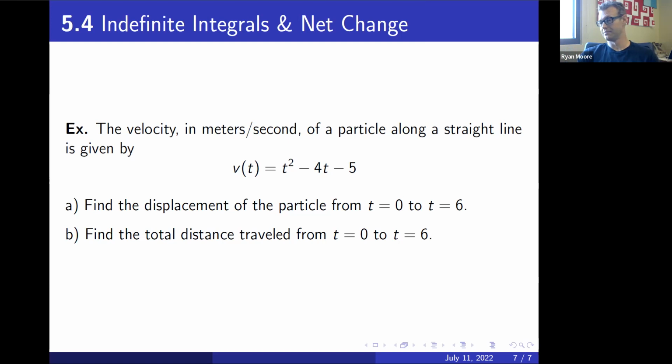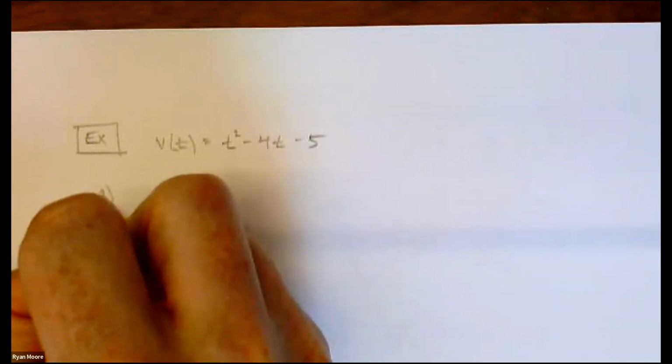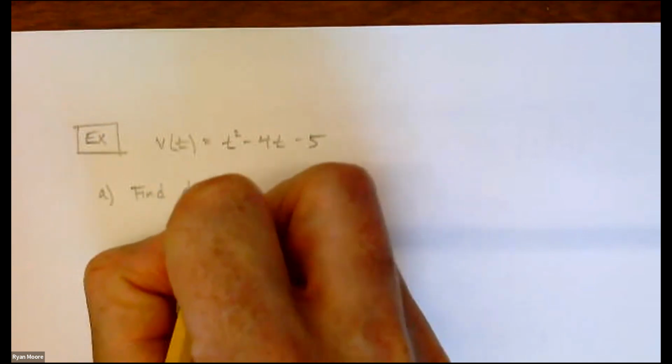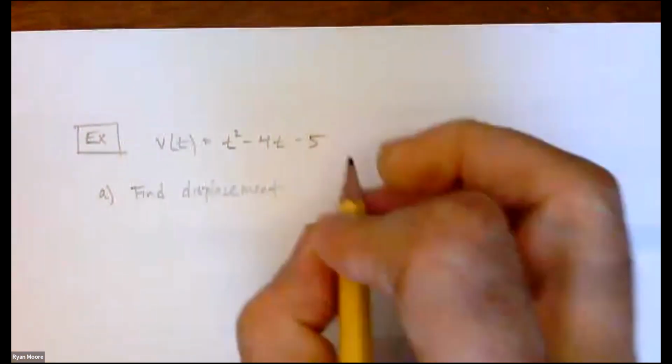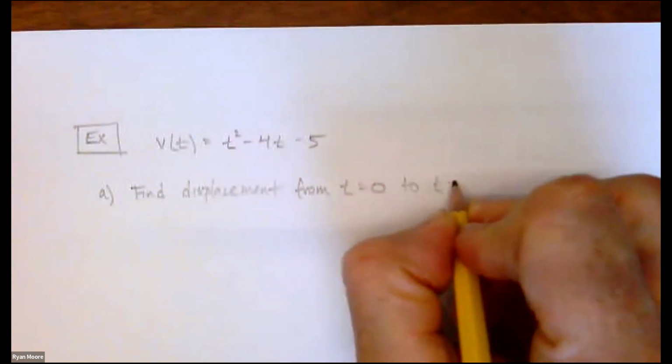Two different questions here. Okay, let's switch over. So we're told velocity v of t is t squared minus 4t minus 5. Find the displacement from t equals 0 to t equals 6.